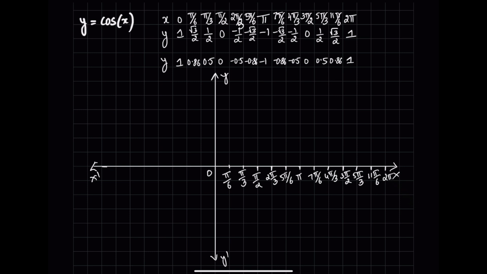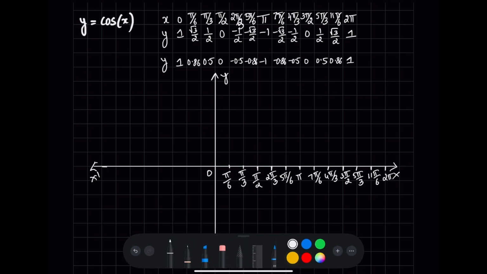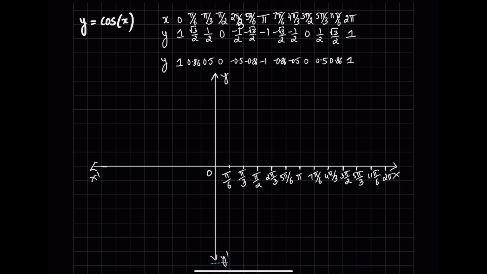Okay, now let's start with the first value, which is at 0. Let me change the color so that it's easier for you to identify. So I am going to consider this as 0.5 and this as 1. Similar way, this is minus 0.5 and this line would be minus 1.